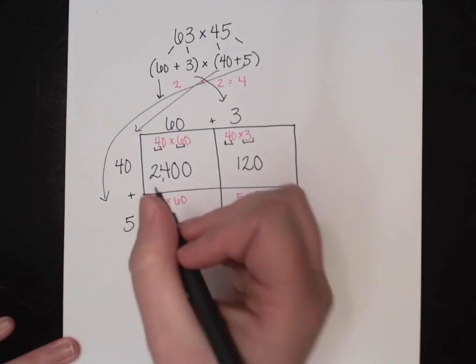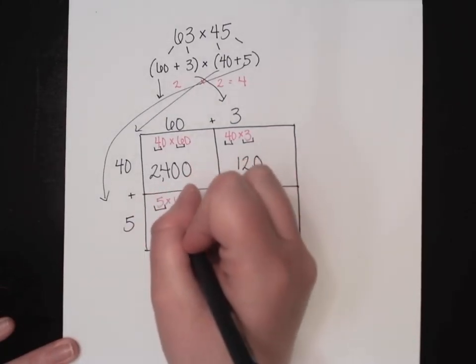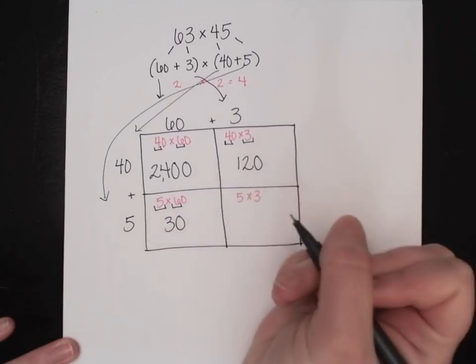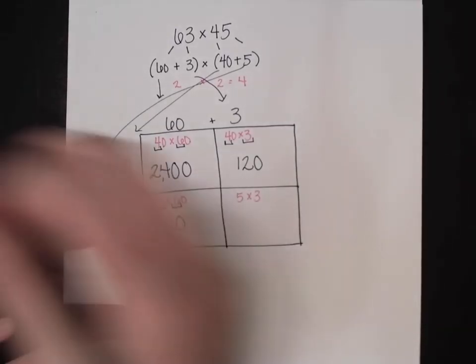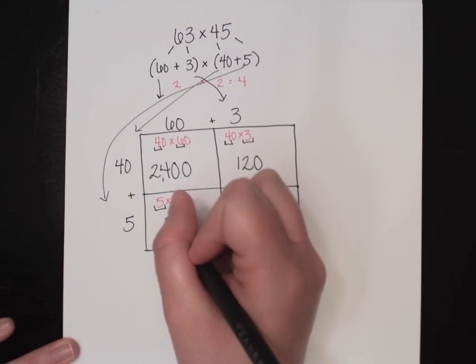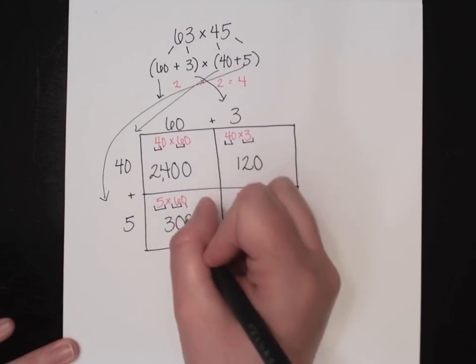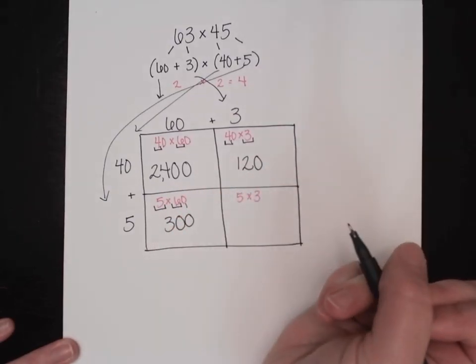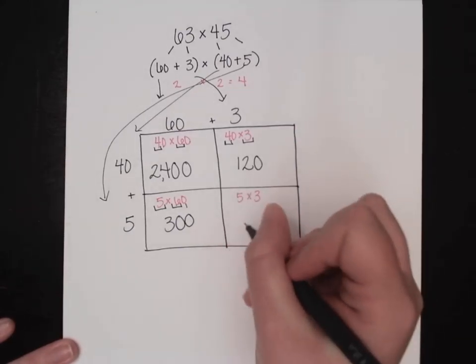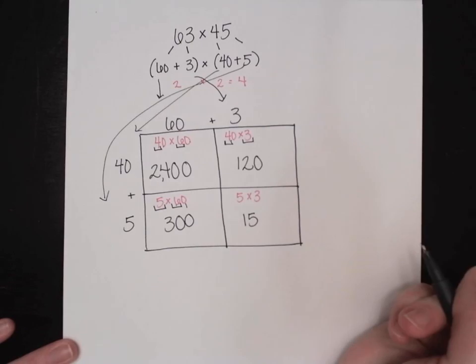Now down at the bottom, 5 times 6 equals 30. But don't forget about that 0 you have to add. So 5 times 6 equals 30, but 5 times 60 equals 300. And then my last box is just 5 times 3, which is 15.